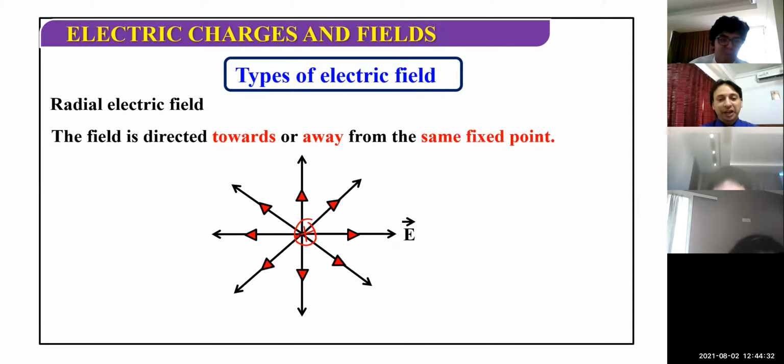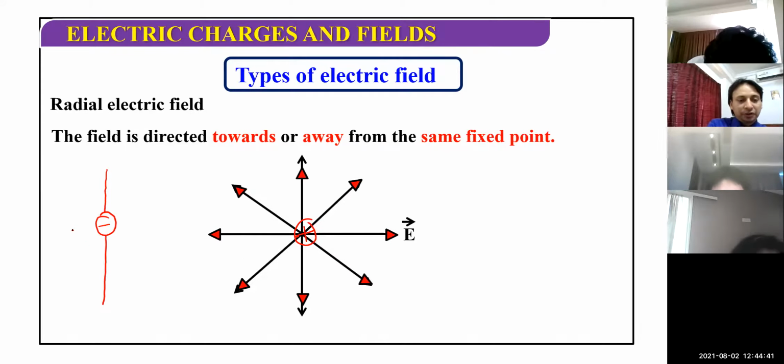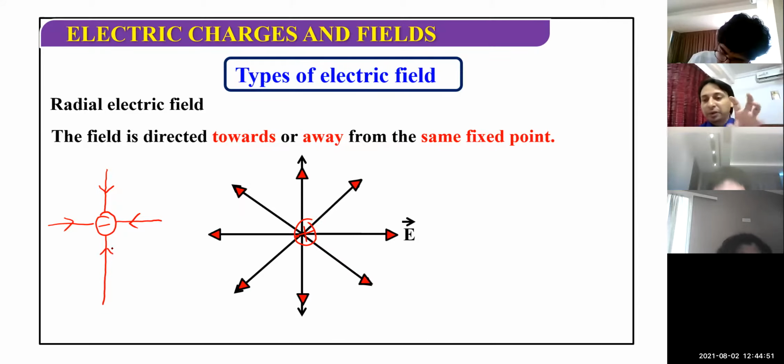And in the case of a negative charge, suppose the negative charge diagram is not shown in this PPT. If the charge is negative, let me just take a few electric field lines. In the case of the electric field due to a negative charge, the direction of the electric field lines will be towards the negatively charged body.